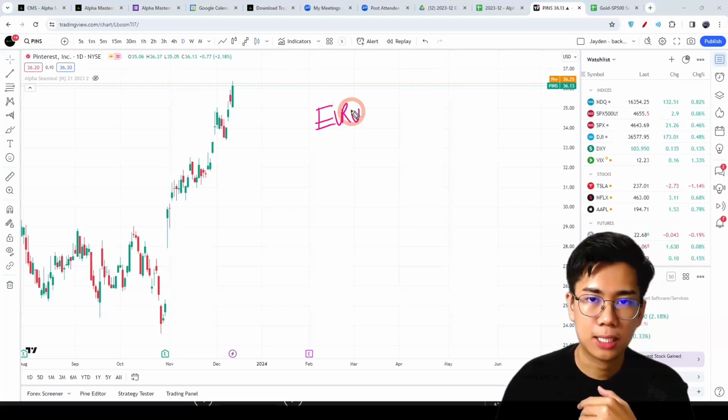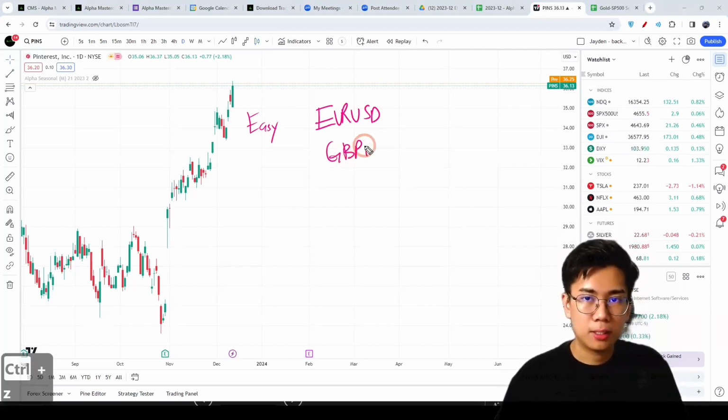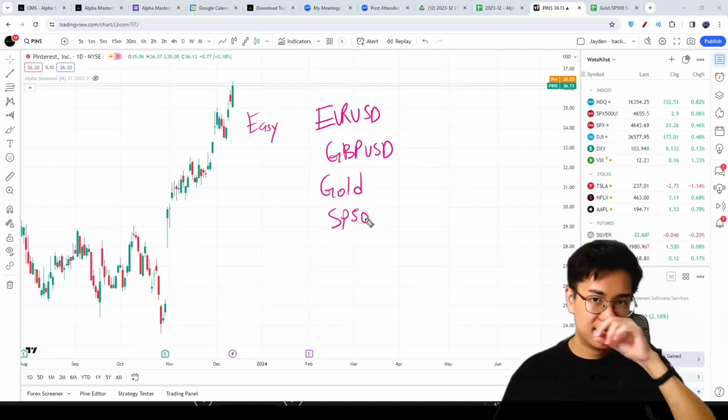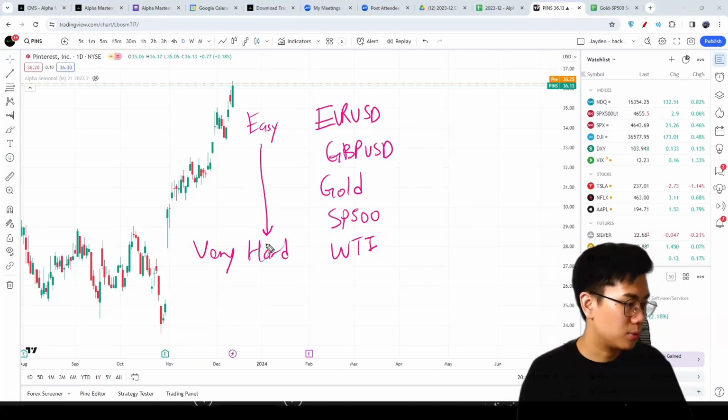The easiest market to start with is Euro USD, followed by GBP USD, followed by gold, followed by SP 500, followed by crude oil. From easy to very hard. This one is very hard.